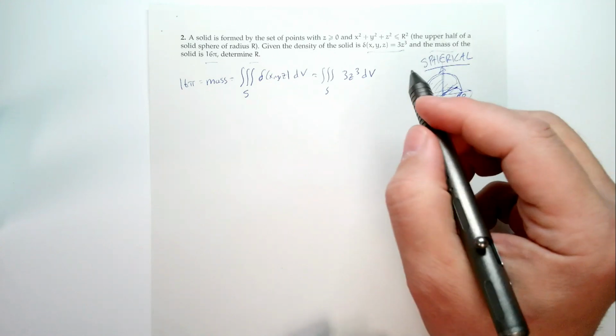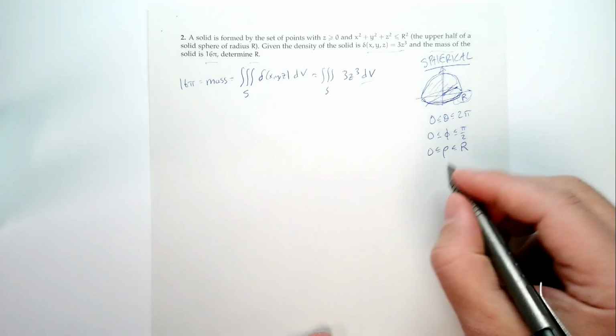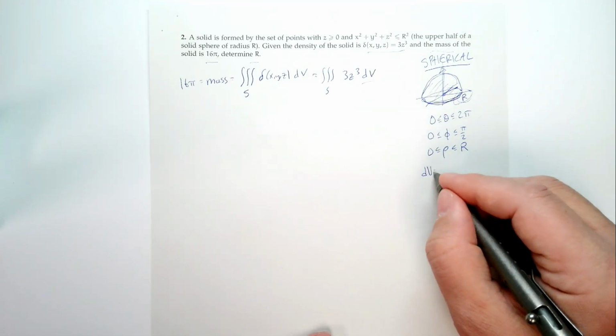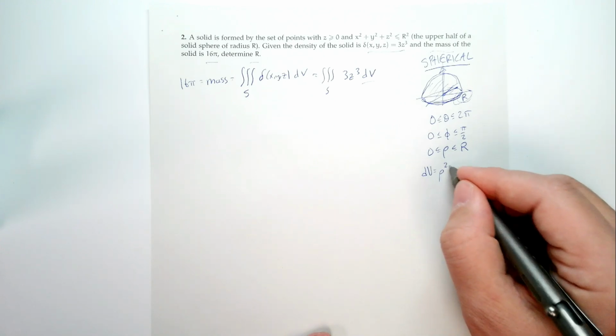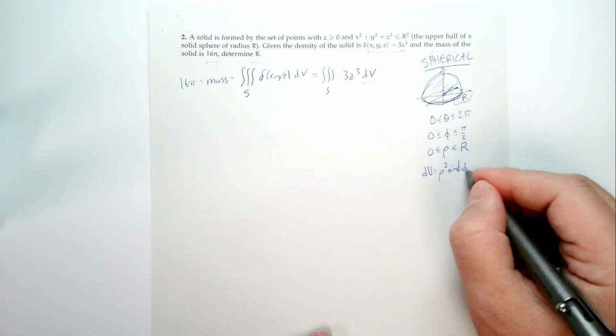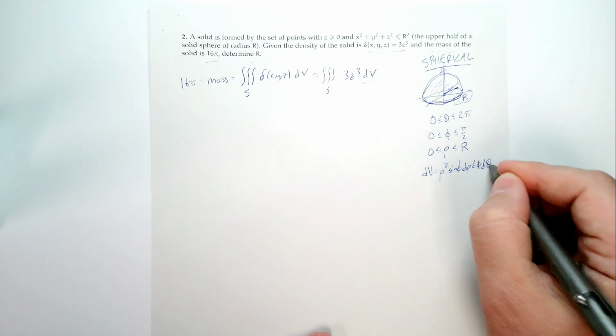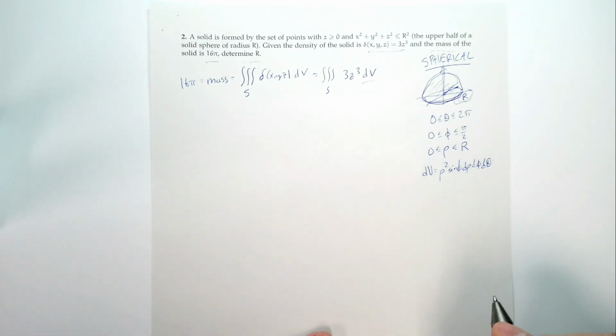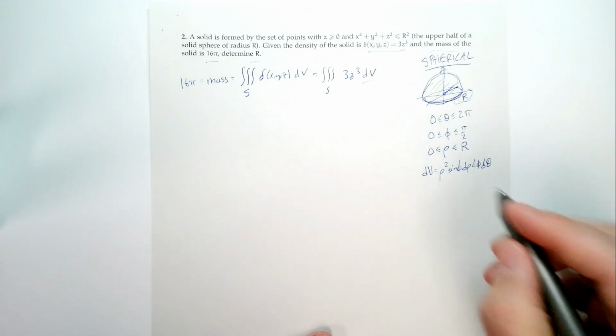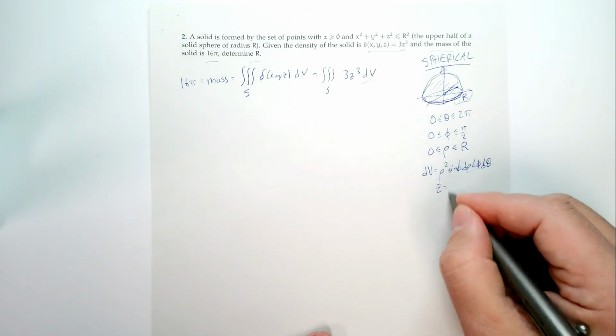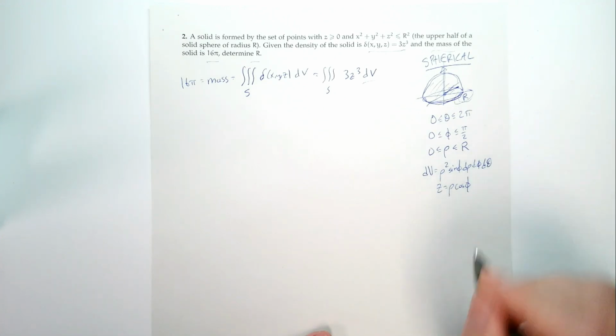So that's going to be our setup. We have our dV. Well, that's not so bad. We just have to think of the song. We have rho squared sine of phi, d rho, d phi, d theta. Life is good. What about z? Well, z is rho cosine phi.